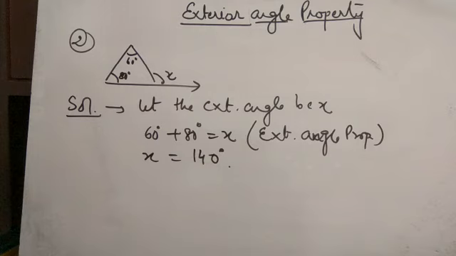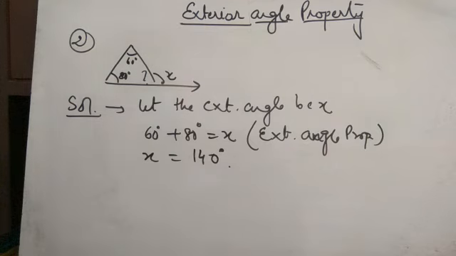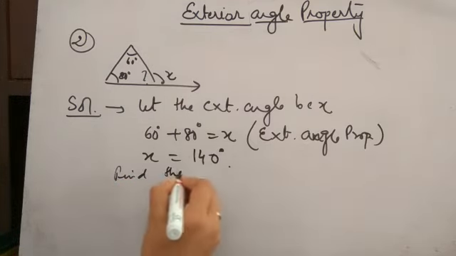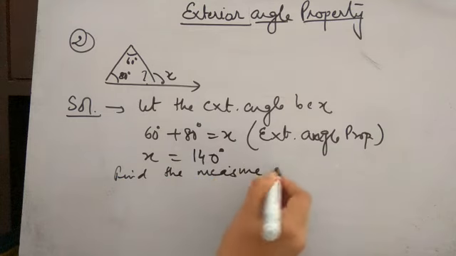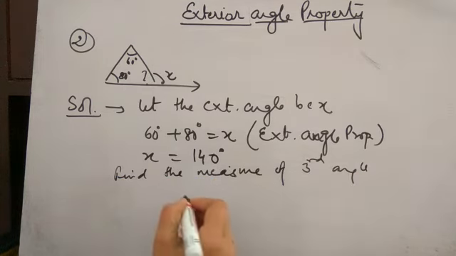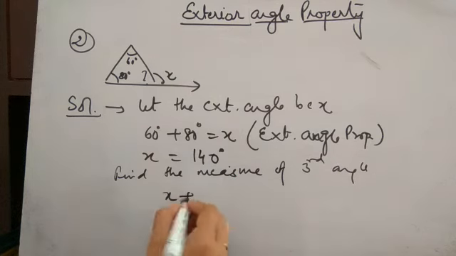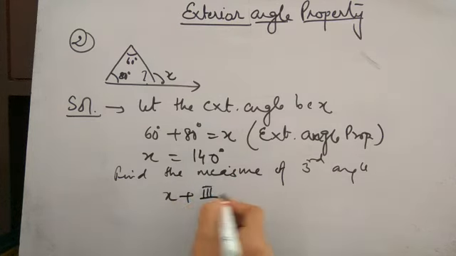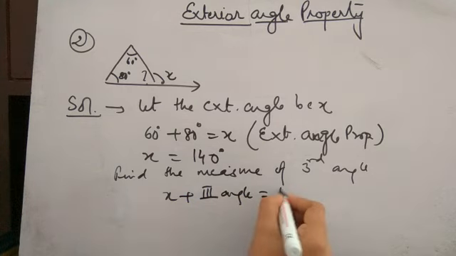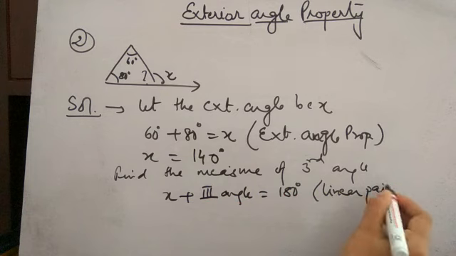Now there can be an attachment to such questions also, if they ask you to find the measure of the third angle. What you will do: you all know that x plus the third angle is equal to 180, by linear pair, is it?